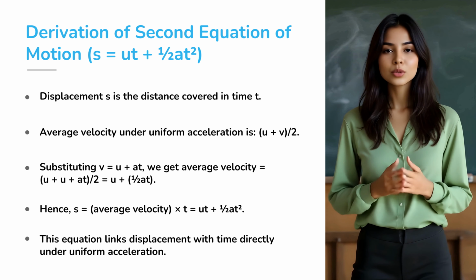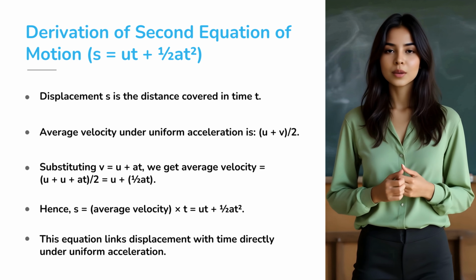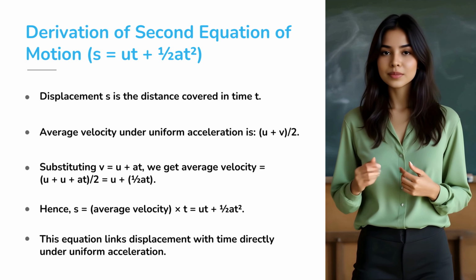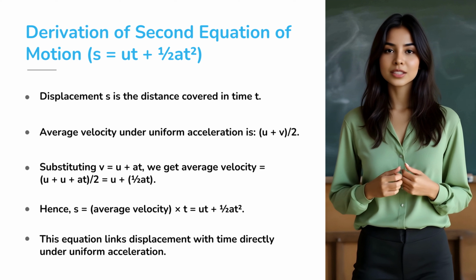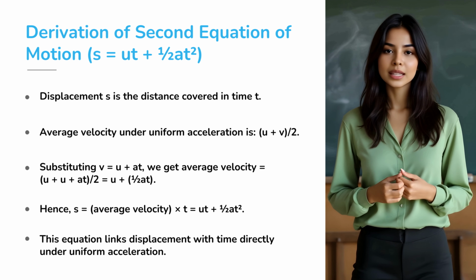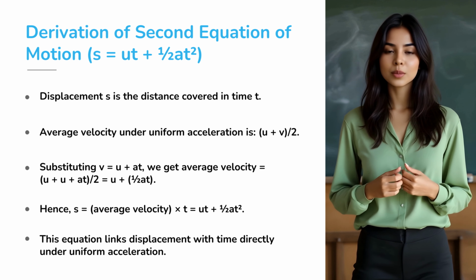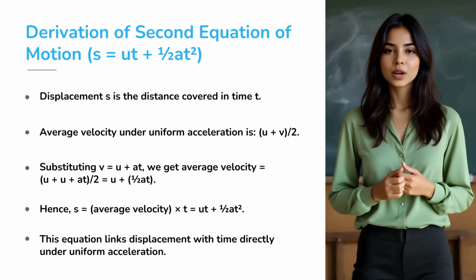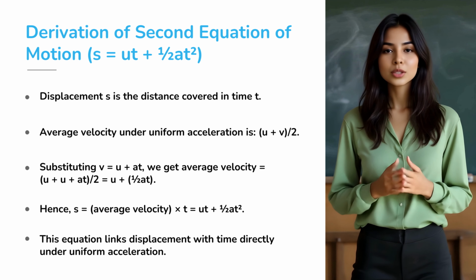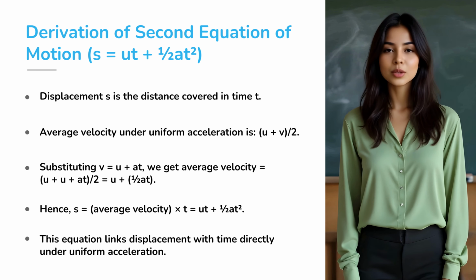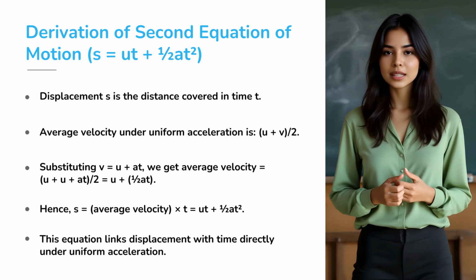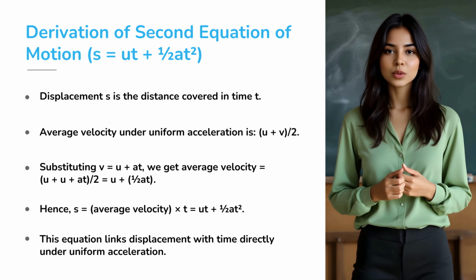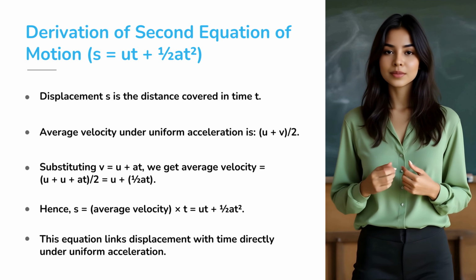Now, let us move to the second equation of motion, which gives displacement. Displacement, s, is simply distance traveled in time t. Average velocity under uniform acceleration is (initial velocity plus final velocity) divided by 2. Substituting v equals u plus at, we get average velocity equals u plus half at.